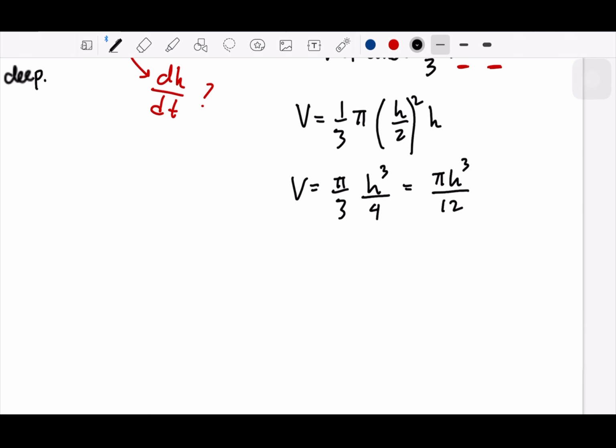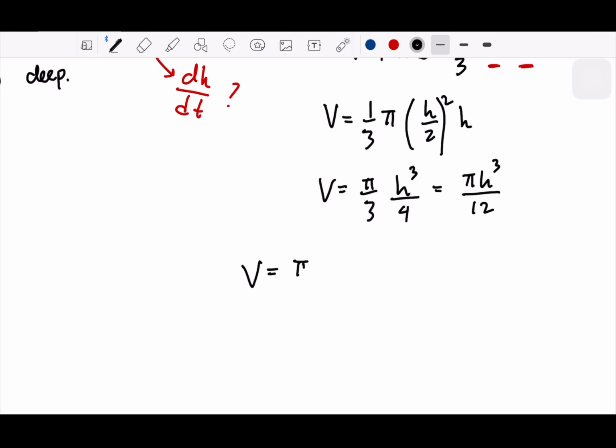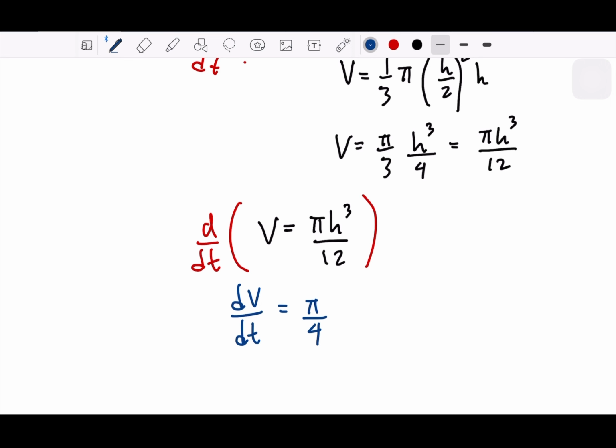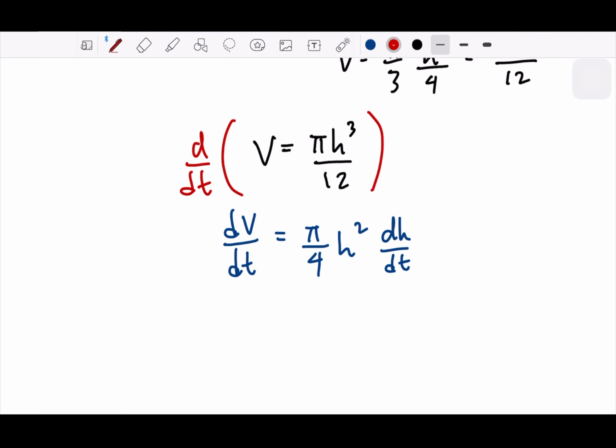And now from this volume, we can differentiate with respect to t. And thus we get dv over dt is pi over 4 h squared dh over dt. And this is the one we are looking for, dh over dt.